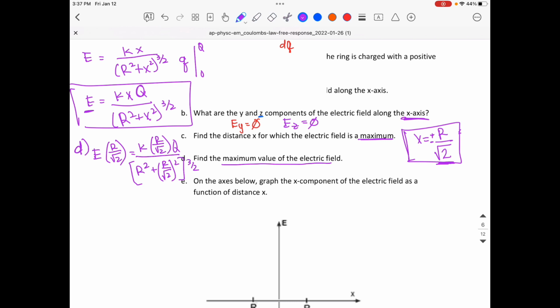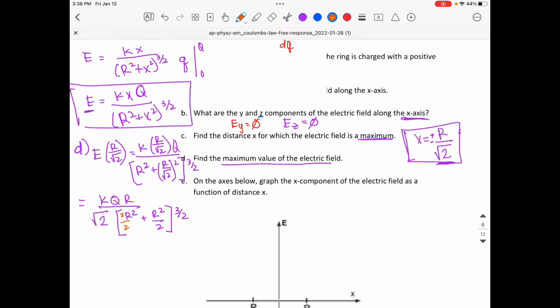And then I end up with KQR. The root 2 I can bring down into the denominator. And then this function here is going to end up as R squared plus R squared over 2 to the 3/2. And to get common denominators, I multiply top and bottom by 2.